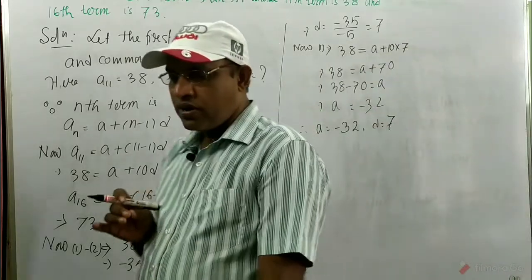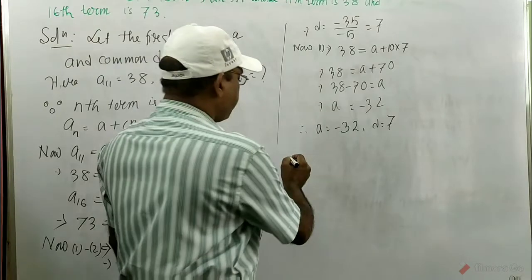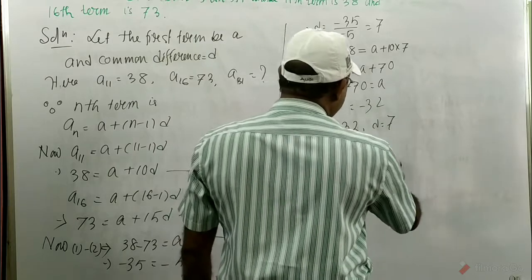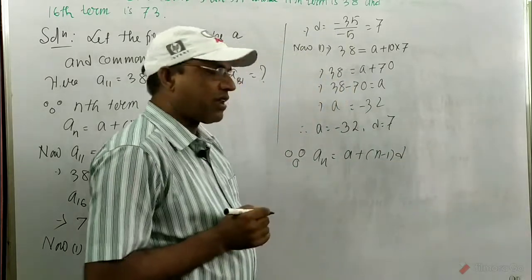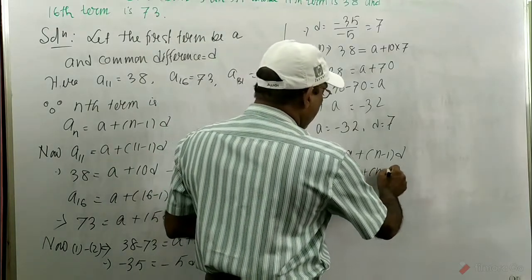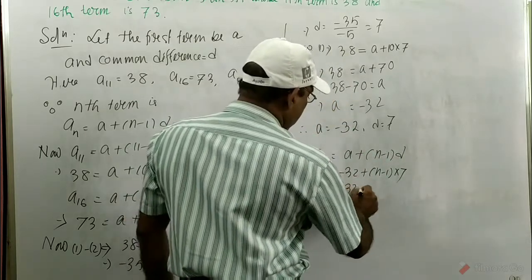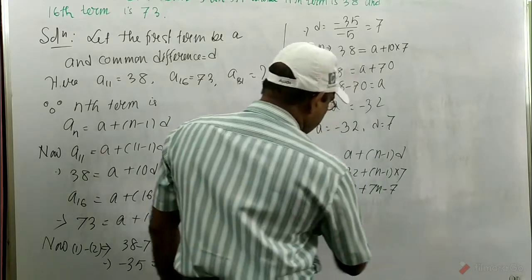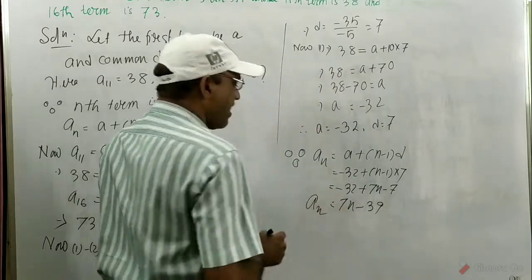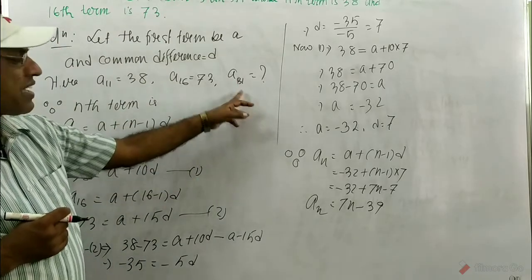Now we have these two numbers, the first term and common difference, and we can find any term. Since an equals a plus (n minus 1) into d, this is our an. a is minus 32, d is 7, and we don't know n. So this is minus 32 plus 7n minus 7, which is 7n minus 39. This is our an. Now our requirement is the 31st term, so we put n equal to 31.